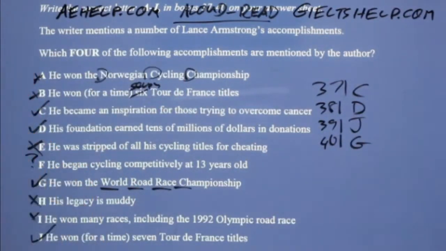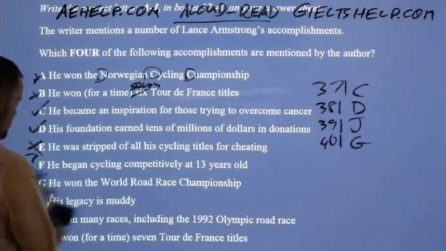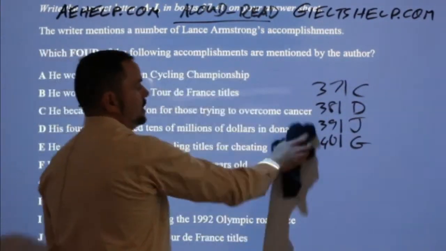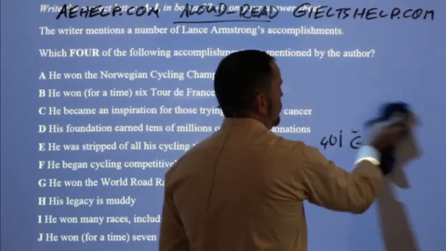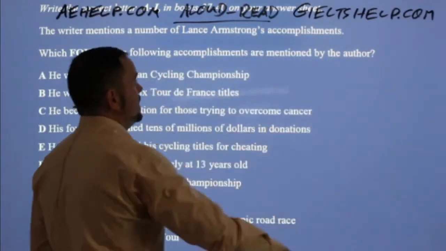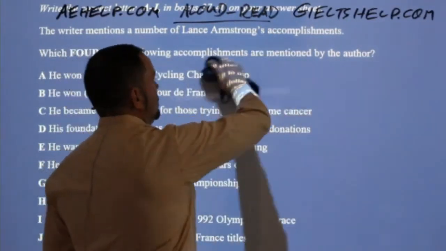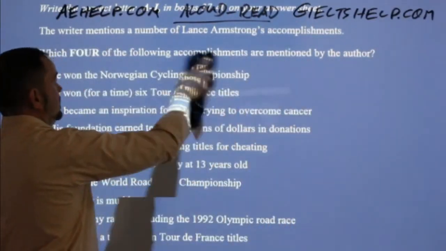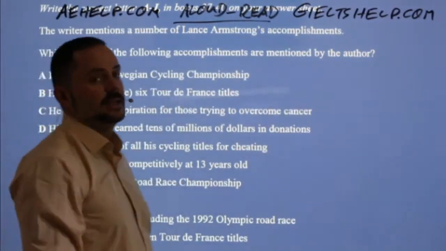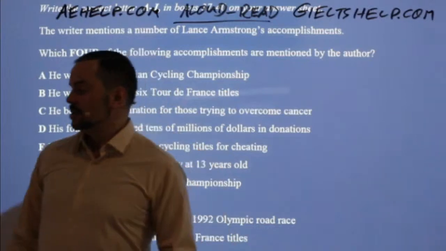All right, fantastic. So that is some strategy for these types of questions, and that is the story of Lance Armstrong, quite an incredible human being. It's unfortunate that he cheated, nevertheless an amazing athlete, and I think that he is still a very respectable human being for the positives that he achieved in life.